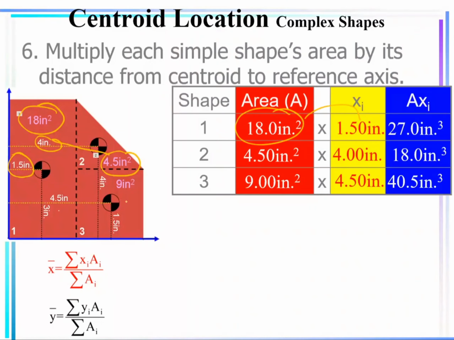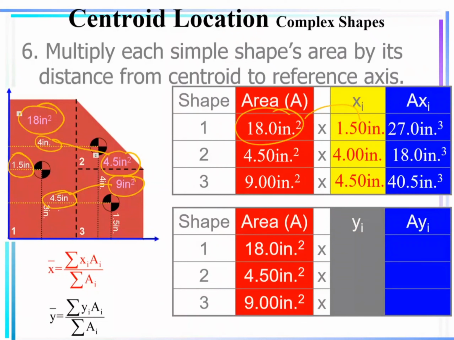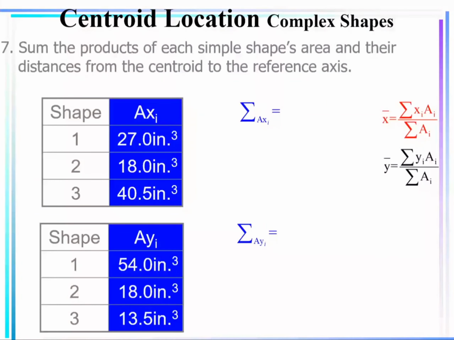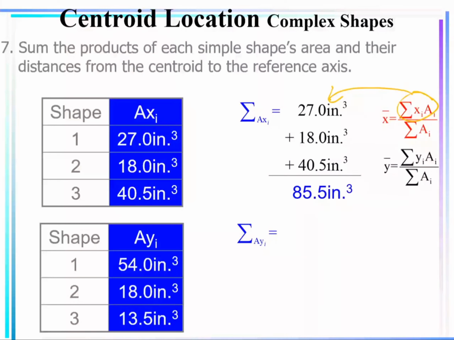I've got the area multiplied by this distance, and the area multiplied by this distance. And then the same I do for the y. And then in simple words, I sum them up. There's the summation sign for this one. I'm summing them up for x and also for y.